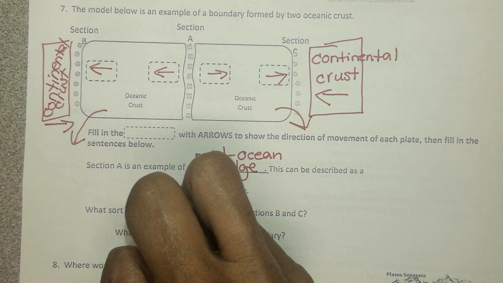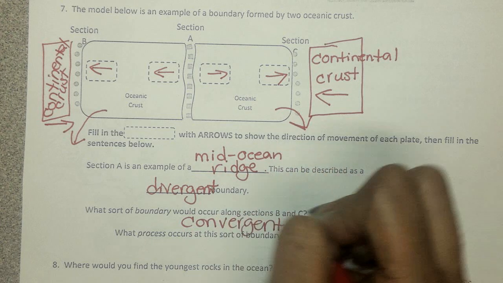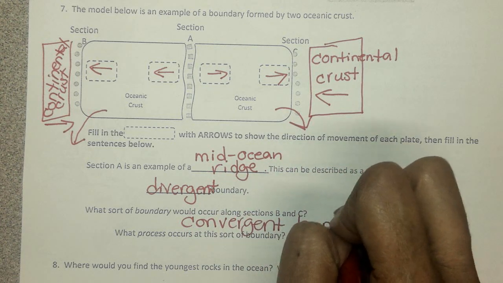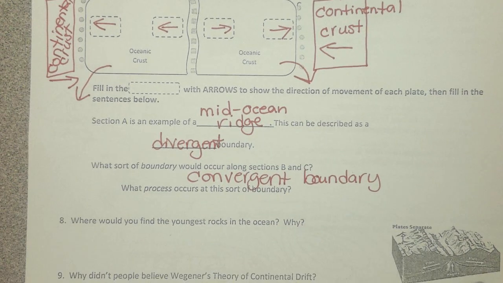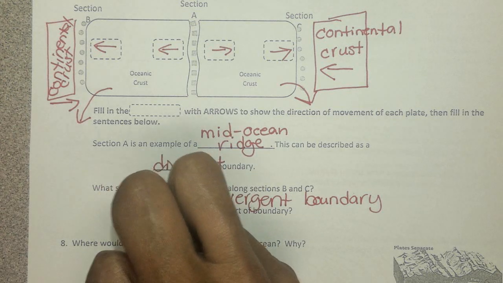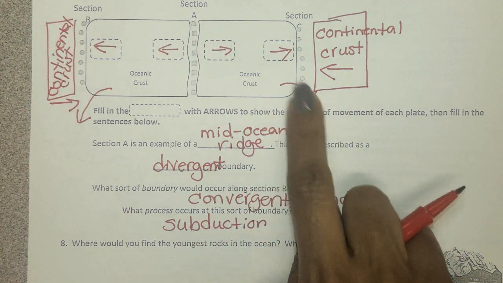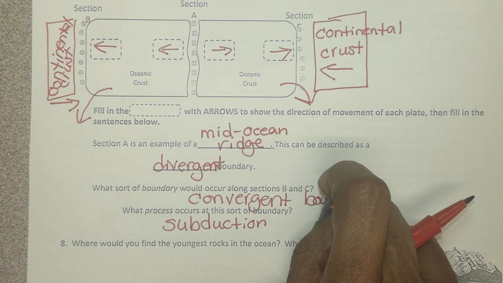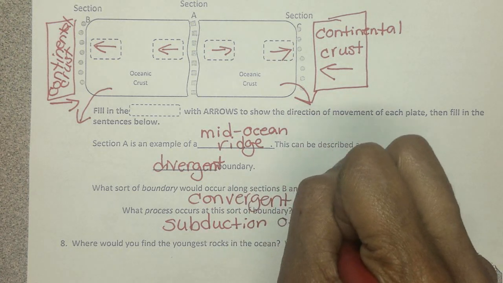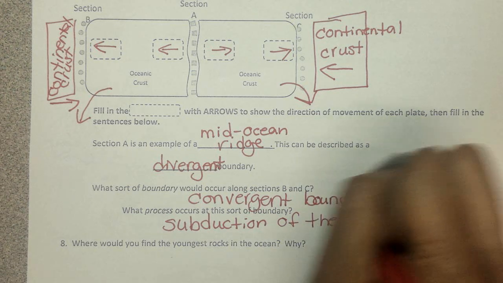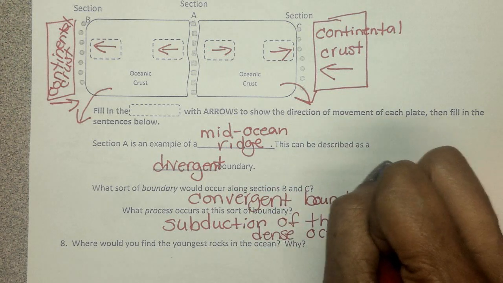So you have a convergent boundary at B and C. And then it wants to know the process that's going to occur. That is subduction. So like I drew out here, that ocean plate is going to dive underneath that continental plate. So you're going to have subduction of the more dense ocean plate.